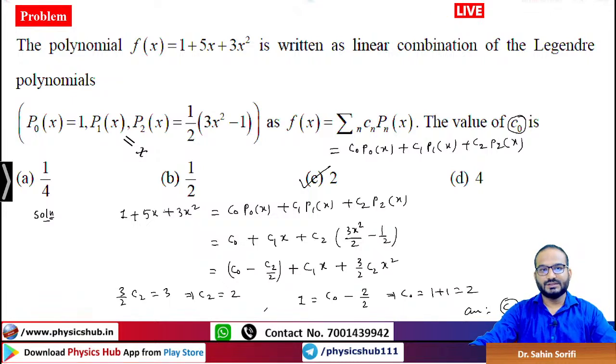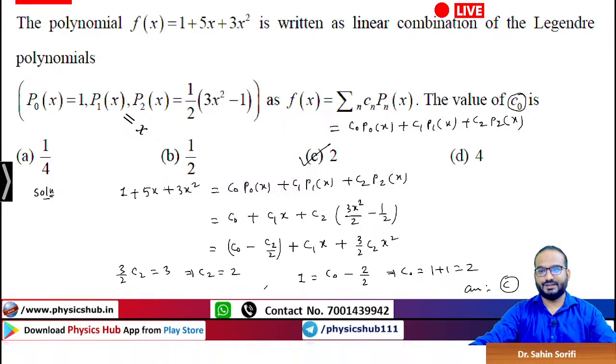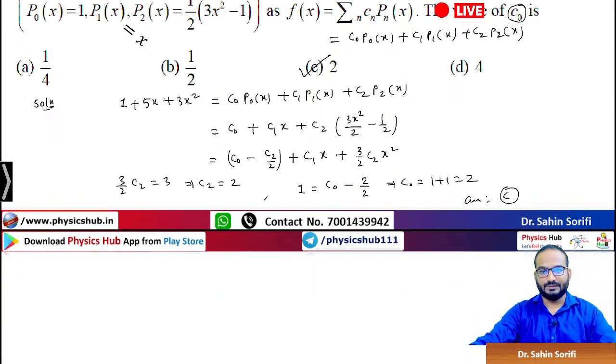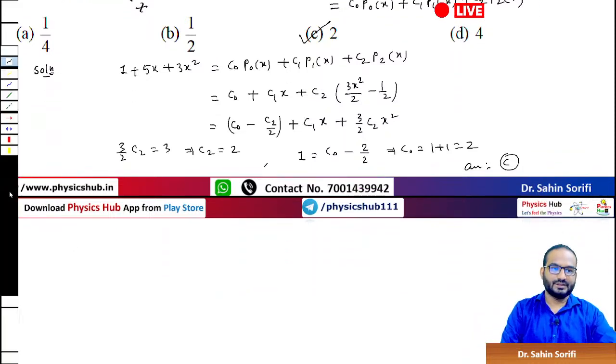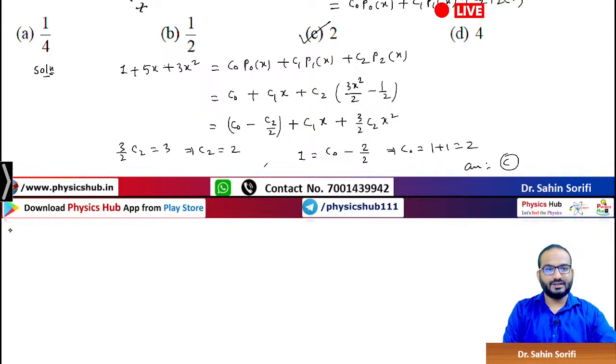Now let's talk about the generating function of the Legendre polynomial. Generating function means that it will generate the Legendre polynomial. You can give the heading: generating function for Legendre polynomial.